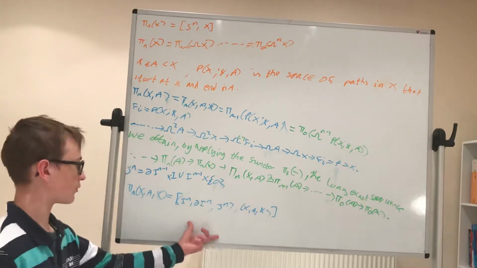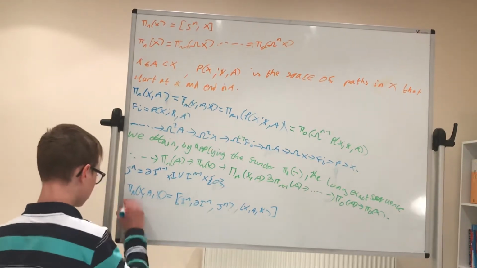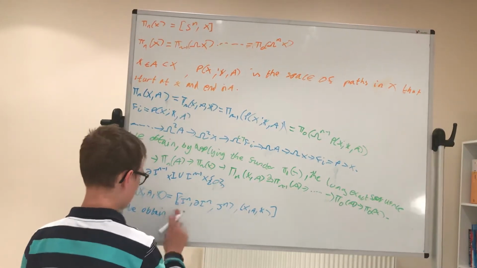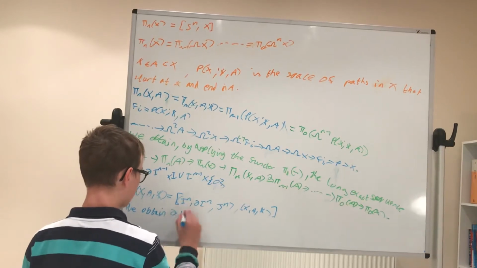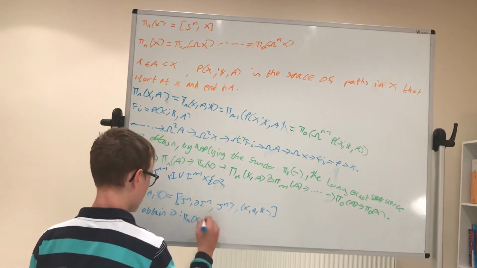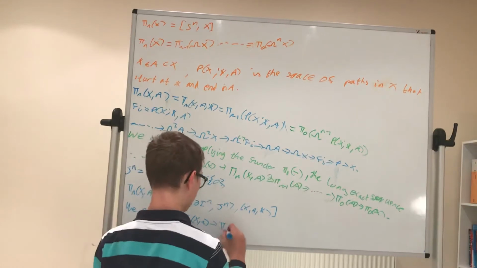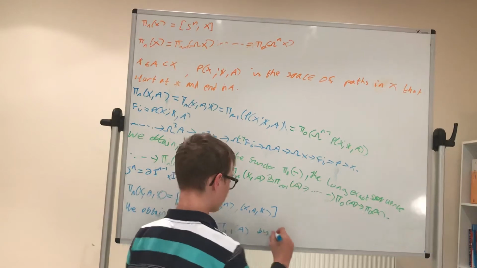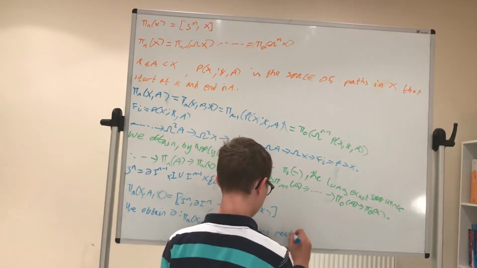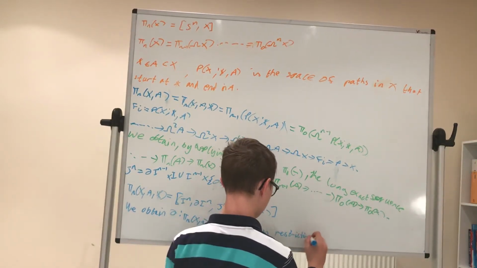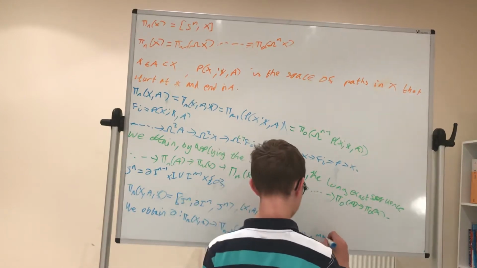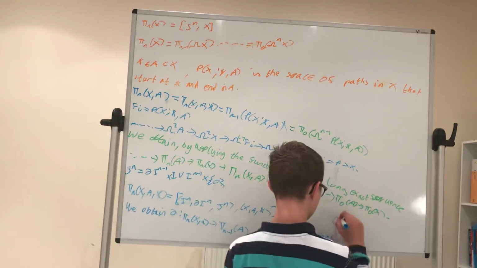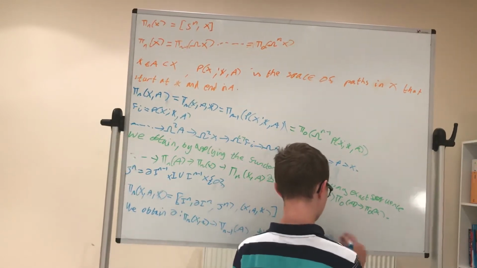alright, so now that we have this, we obtain del, the function del, which takes pi n of x, a to pi n minus 1 of a, by restricting maps from this triple to that triple, from I n.